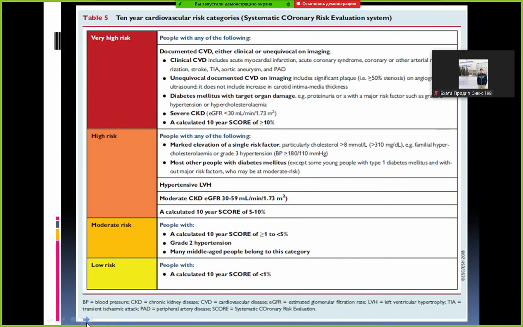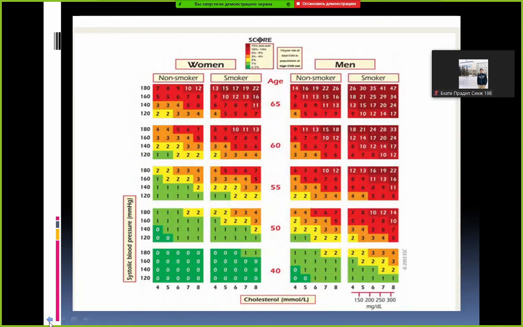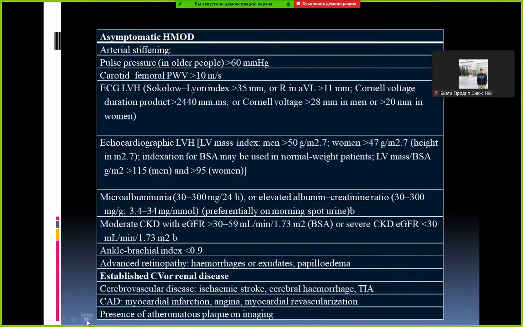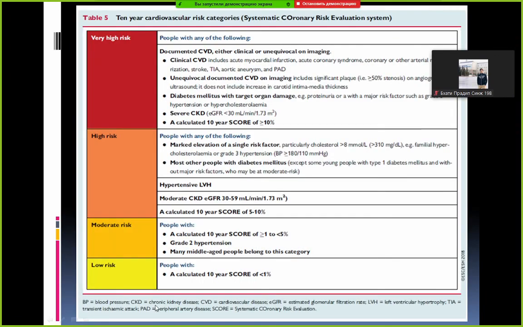And then when we know cardiovascular risk calculated by SCORE scale, and when we know the factors influencing the arterial hypertensive disease from this table, we may calculate the total risk of 10-year cardiovascular fatal events.